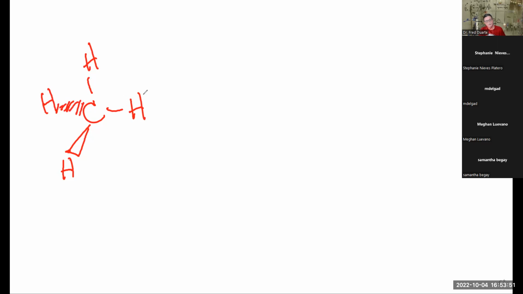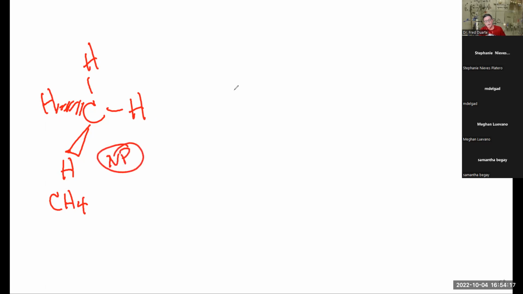The solid lines are in the plane of the screen, the wedge is coming out of the screen, and the hatch mark is going to the back of the screen to give you a three-dimensional perspective. Now, methane here, CH4, all carbon hydrogen bonds, all nonpolar bonds. So overall, we have a nonpolar species.